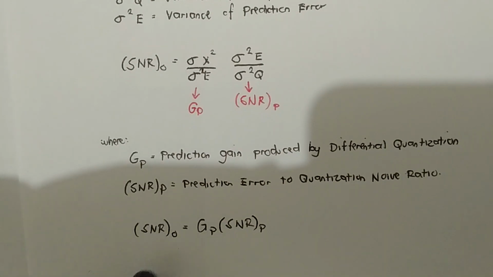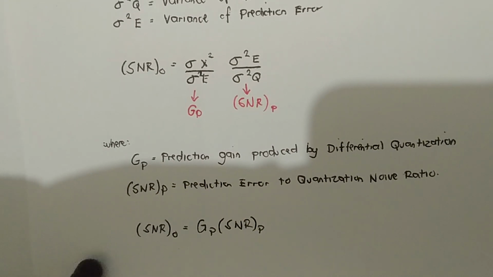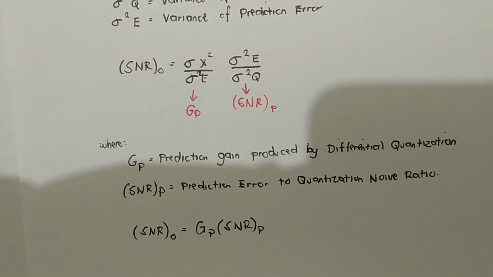So, yung formula is magiging SNR output is equals to GP times SNRp.